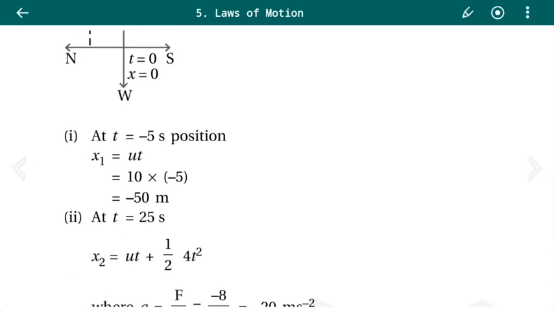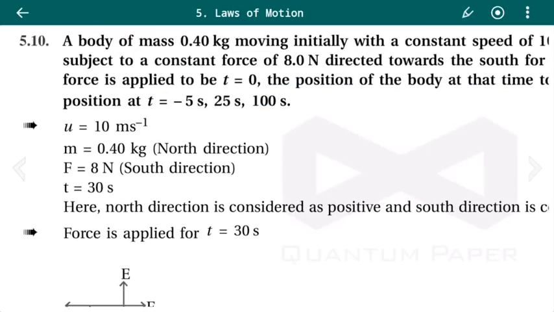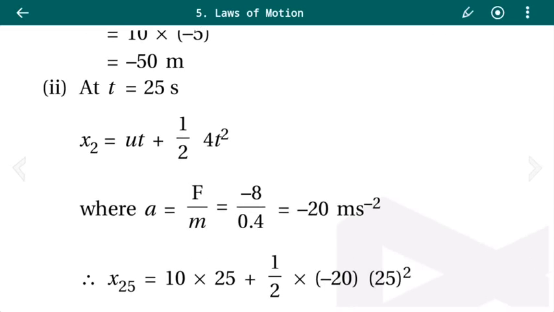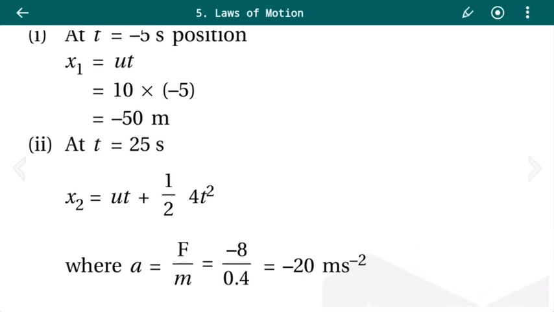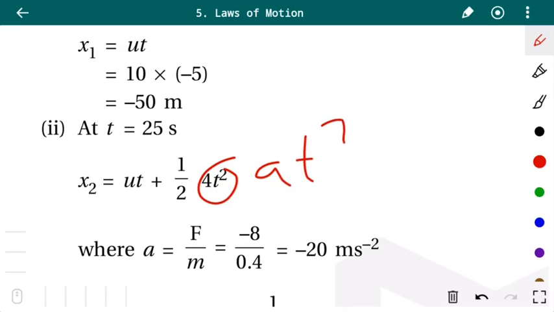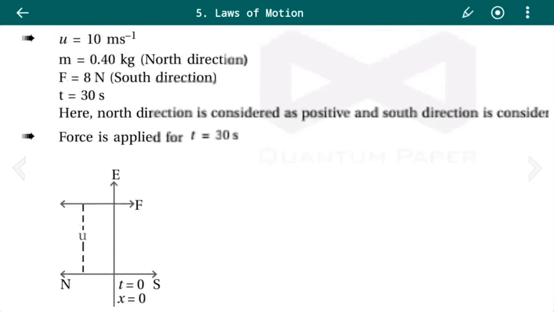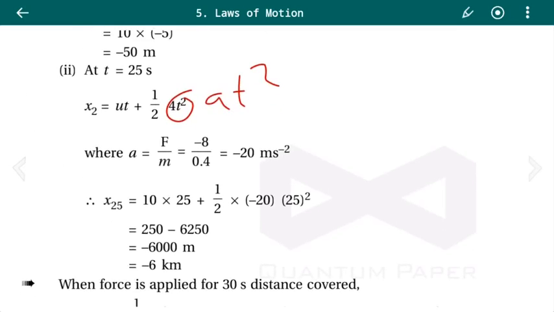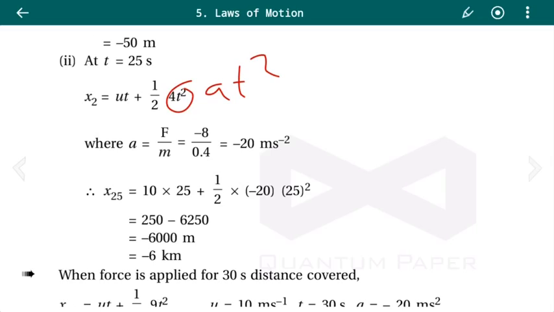Now at t equals 25 second we need to find. So x2 equals ut plus half at square. Here it should be at square. Acceleration value that we are getting over here is a equals F by m. Force is minus 8 Newton.